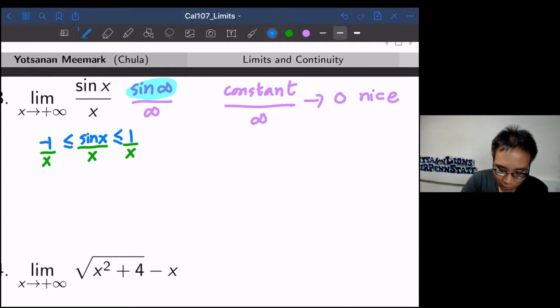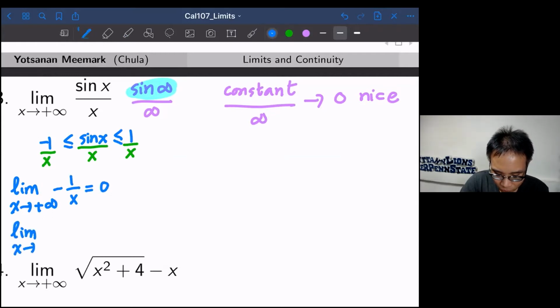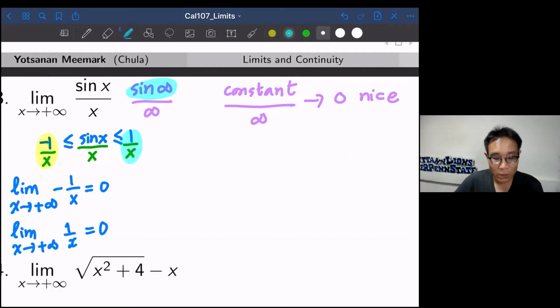And you have the limit as x goes to positive infinity of negative 1 over x equal to 0, and the limit as x goes to positive infinity of 1 over x also equal to 0. This is the thing we have seen for the squeeze theorem. You have the top function, 1 over x, and the bottom function, negative 1 over x.